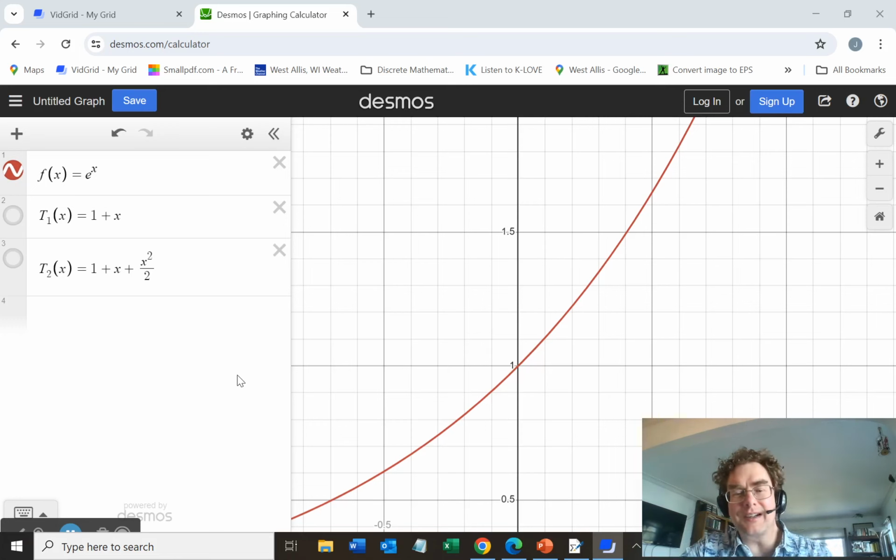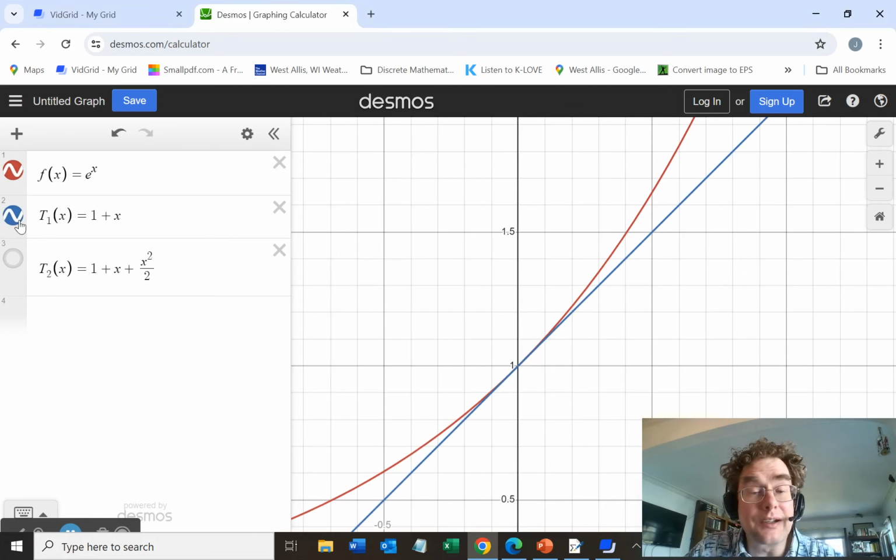All right, here we've got our graph in Desmos. You can see in red the graph of our base E exponential function. The linear approximation that we got last time is right here in blue. You can see the graphs align, and it does stay fairly close to the graph of our exponential function in that vicinity of the y-axis, which is that slightly darker line there.